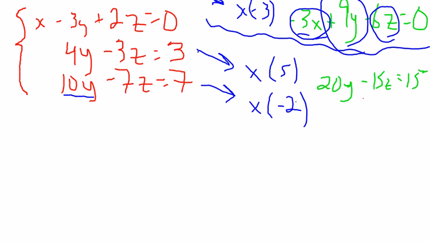For the times by 2, I multiply the third line by 2. So that gives me negative 2, so I get negative 20y. Negative 7 times 2 is plus 14z. And then 7 times negative 2 is negative 14.